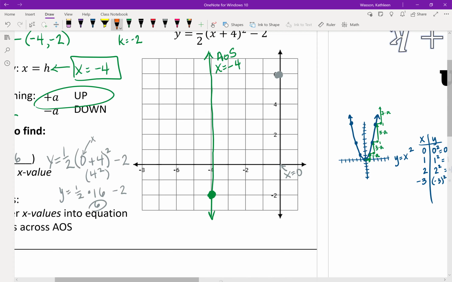I'm going to make a note on here. From my vertex, I go right 1 and up A times 1.